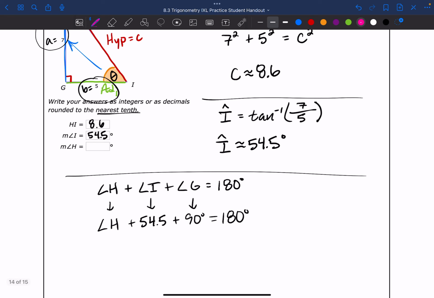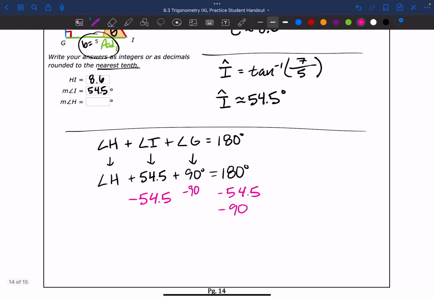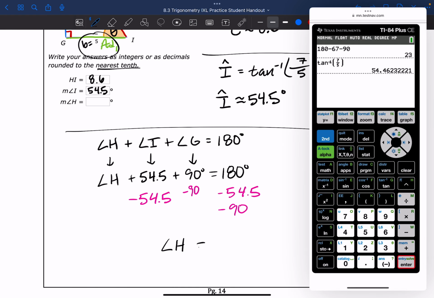I'm going to minus the 54.5 from both sides, as well as the 90. So I'm going to minus the 90 as well. And when I do that, I will find angle H, and I'll figure out what that is equal to.